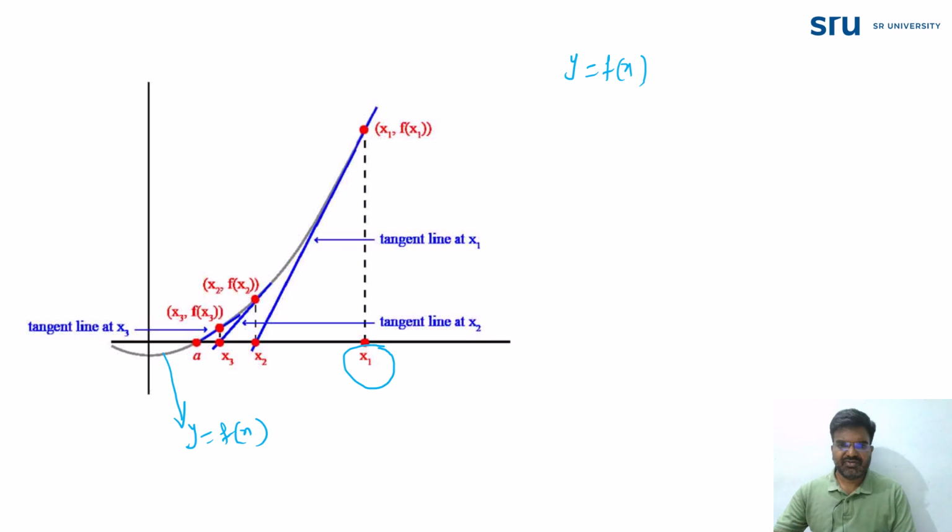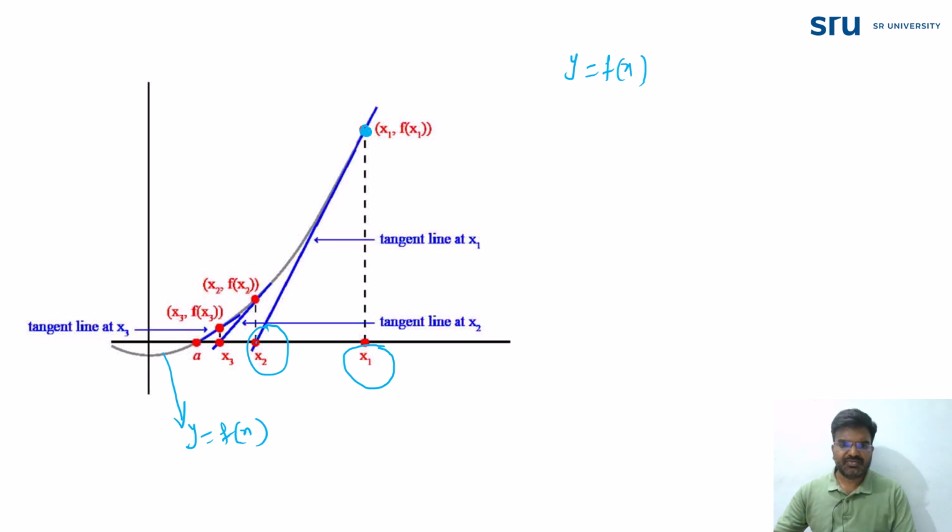At x1 we can draw the tangent. This tangent intersects the x-axis at x2. Now we can consider this x2 is the second approximation for the root of the function.